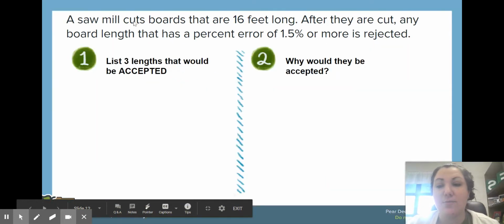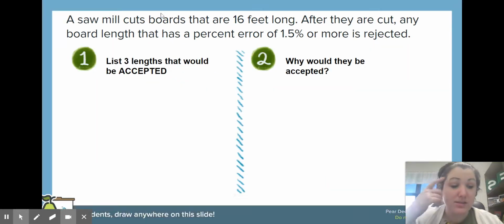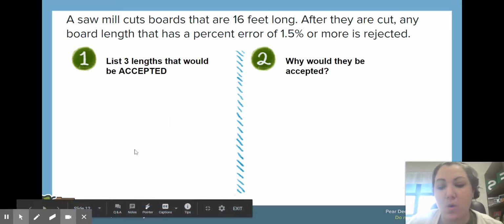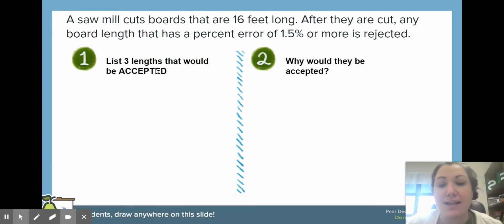Then the next problem, knowing what you can take off or can add on, I want you to list for me, whether by drawing or typing, 3 lengths that would be accepted. Don't put 16 feet. Put something besides 16 feet. So for example, if you find out that 1.5% is 3, which it's not, but let's say it is. Let's say you find out 1.5% is 3 feet.